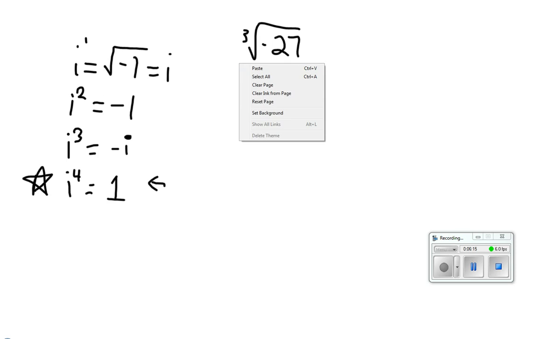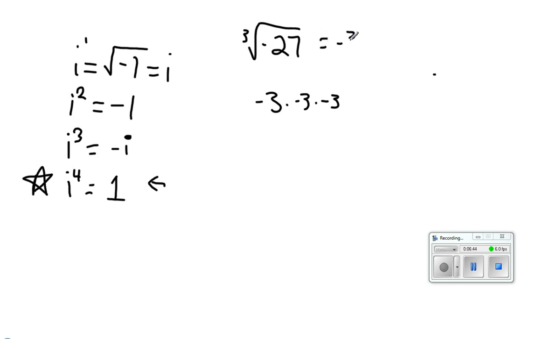We're going to assume we're at a very basic level. So when you say the cube root, we're thinking what number times itself 3 times will give you negative 27? Which in the simplest terms would be negative 3 times negative 3 times negative 3. Because that equals negative 27. A negative times a negative is positive, and then a positive times a negative goes back to being negative. So the simplest answer to this is just negative 3.